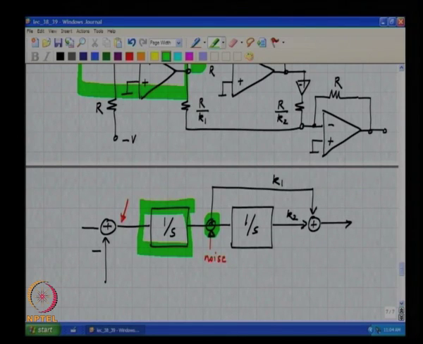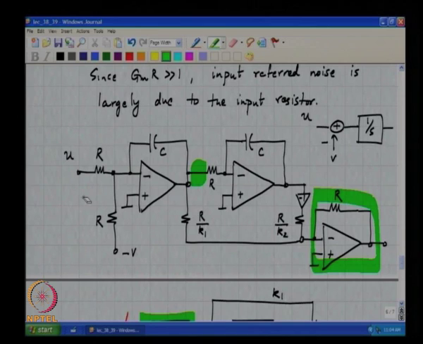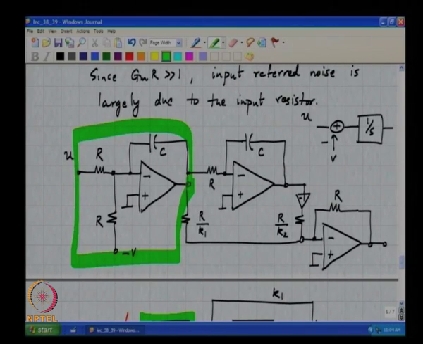Therefore, the effect of these noise sources, that is those added by the second integrator and subsequently in other integrators or the summer for that instance, when referred back to the input of the loop filter become almost 0, right. So, this means that the only noise source we have to worry about is that of the first integrator. Is this clear?